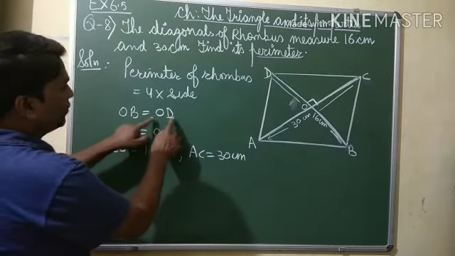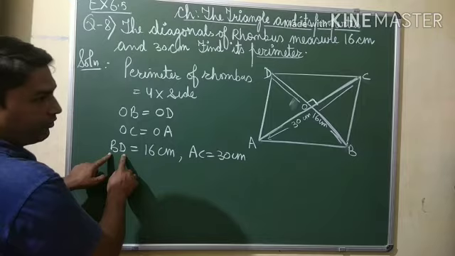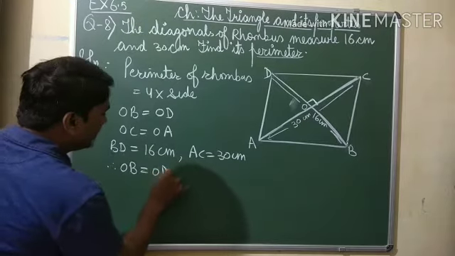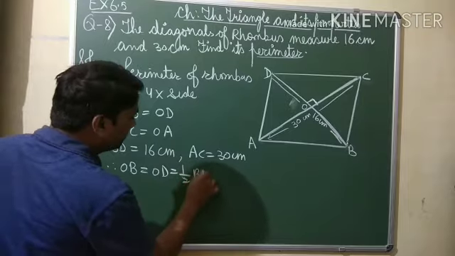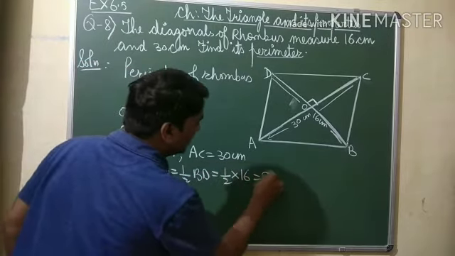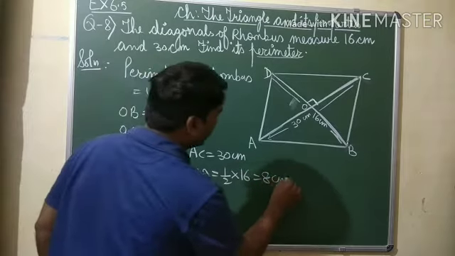Therefore, OB equal to OD and this is half of BD, which is equal to half multiplied by 16 and this is equal to 8 centimeter.